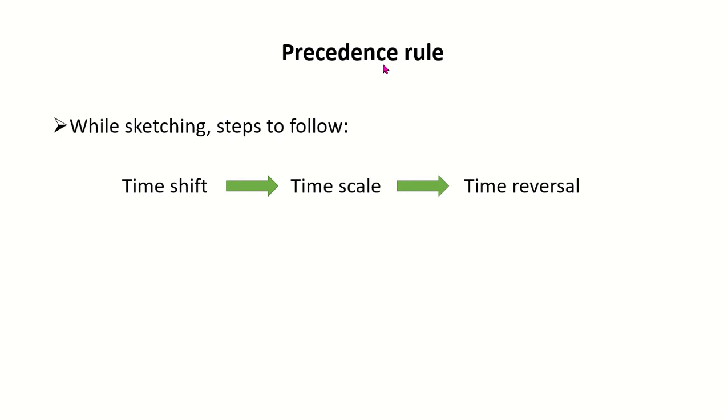The precedence rule that was left while we were sketching the plot is as follows. While sketching, the first step will be time shifting, followed by time scaling, then finally the time reversal. If we follow these steps, we are going to come up with the proper sketch.